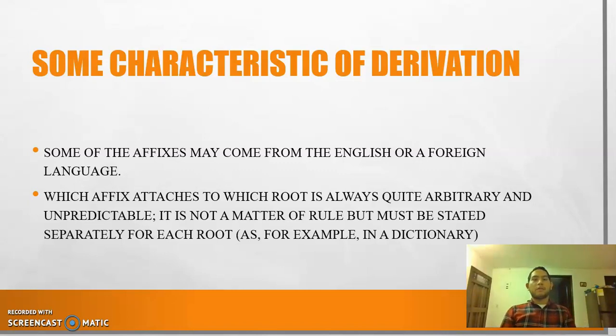Is there any rule for this addition of affixes to the morph? Well, there doesn't exist any rule. These attachments can be arbitrary and unpredictable, so it is not a matter of rule but must be stated separately for each case, as for example in a dictionary.